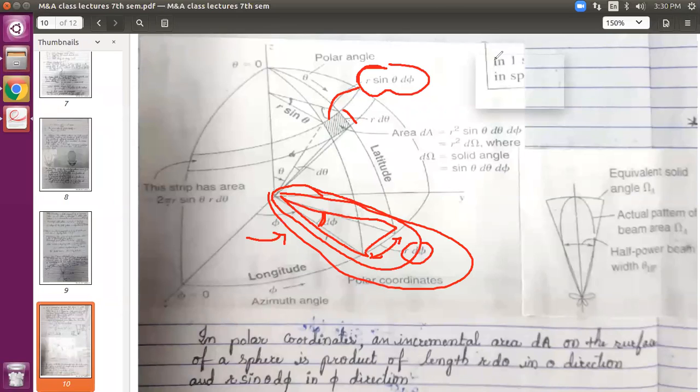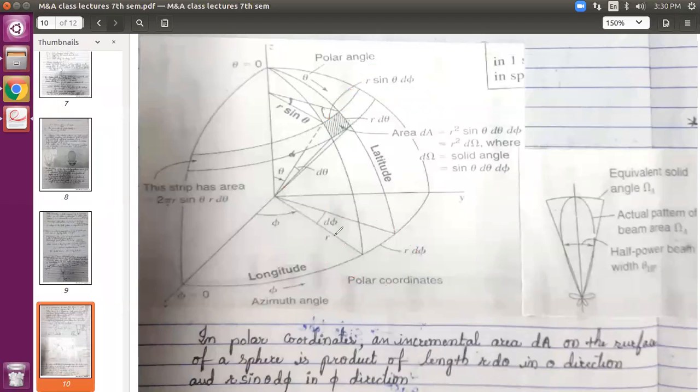Now, if you simply take the projection of this, you can see how to take the projection. Just drag it up to the point theta equals 0. If you extend it, where it intersects here is the projection.